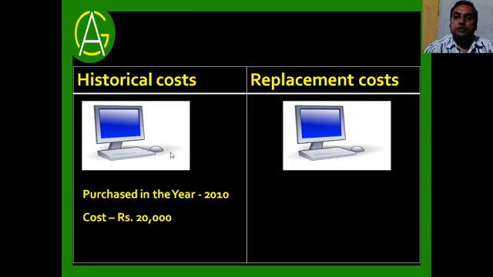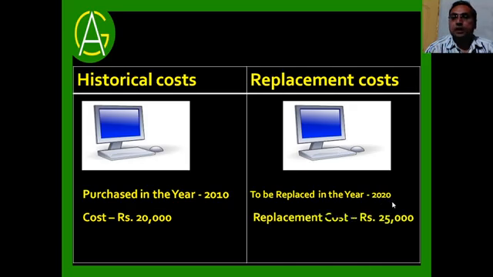Now this computer has to be replaced. It has become outdated in the year 2020. Now we want to replace it. Another same kind of computer is to be purchased, and at the time of replacement, say in the year 2020, the replacement cost is 25,000.